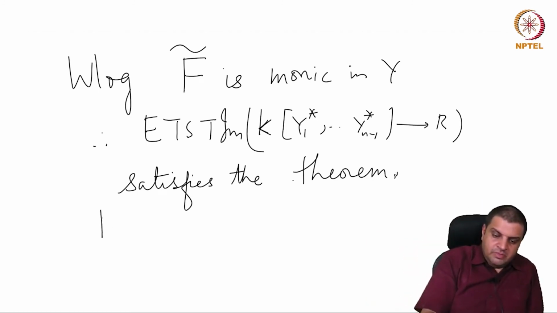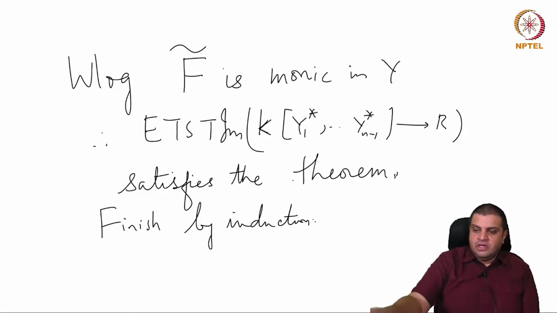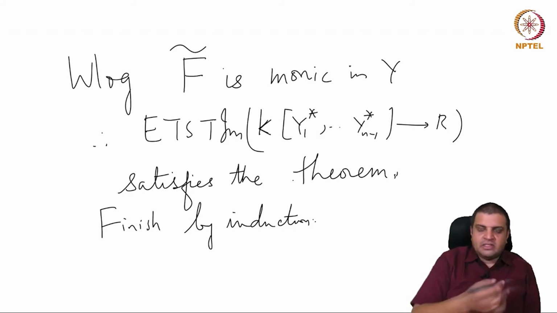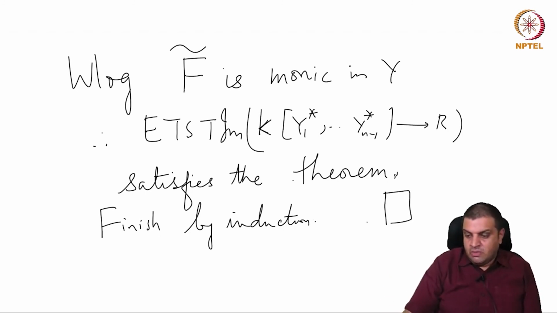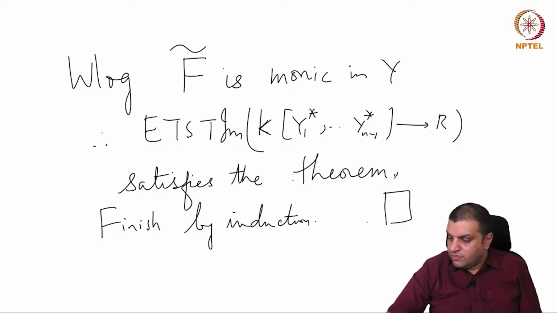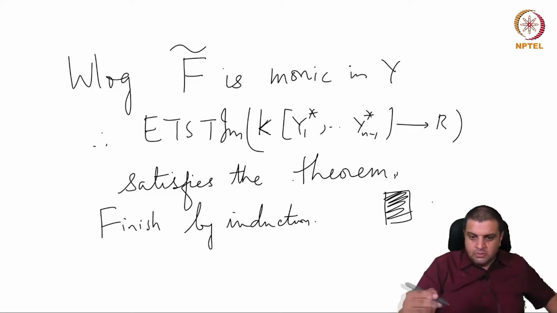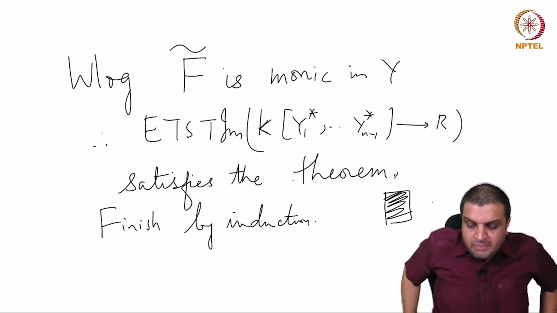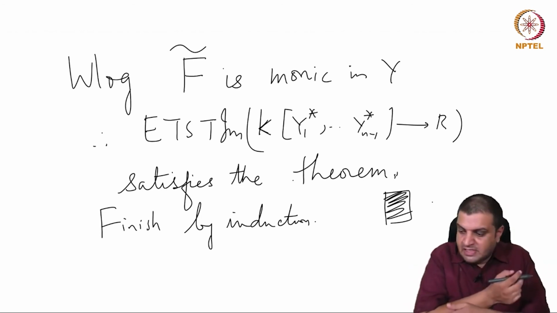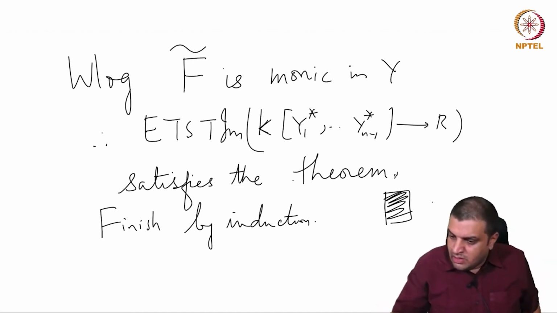So then we finish by induction, because it cannot go down forever. It might come all the way down to 0, but at some point it has to stop. So this is the end of the proof, a proof in the special case where the field is infinite.